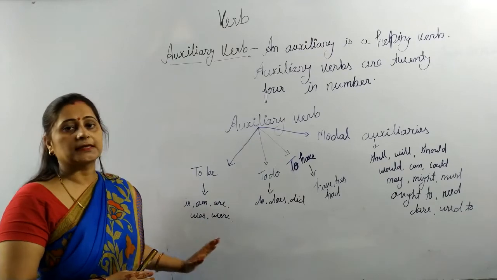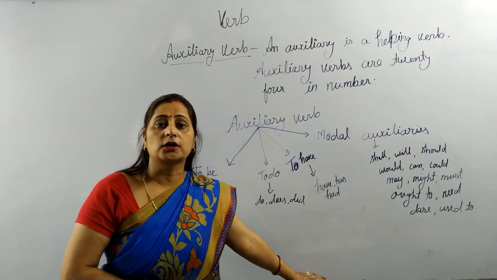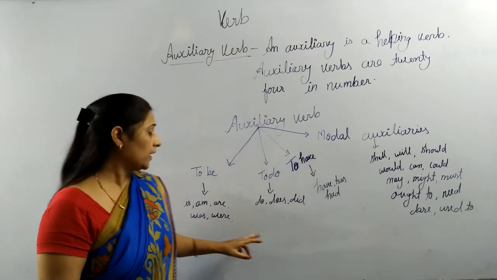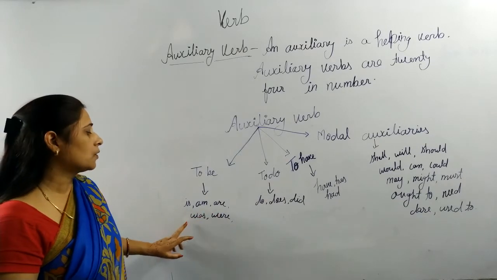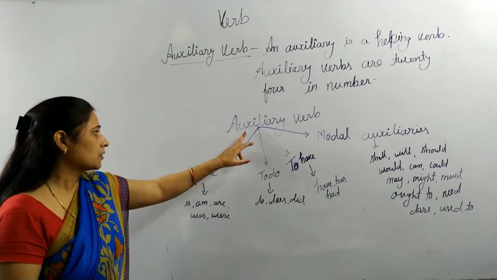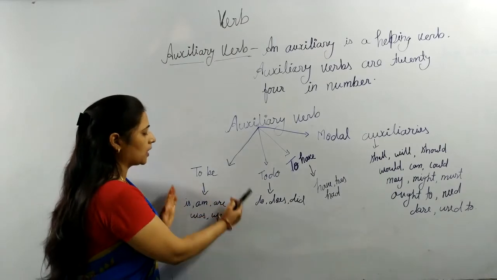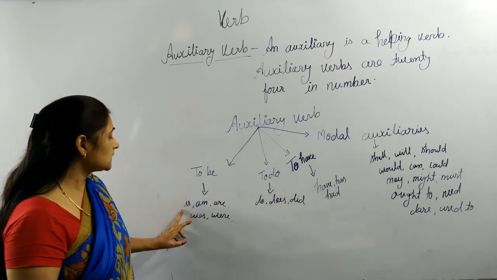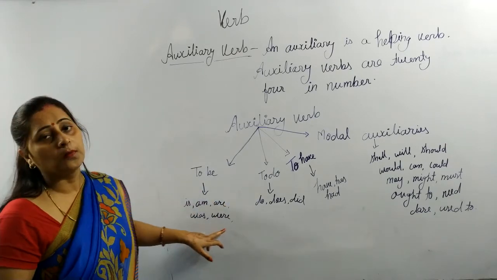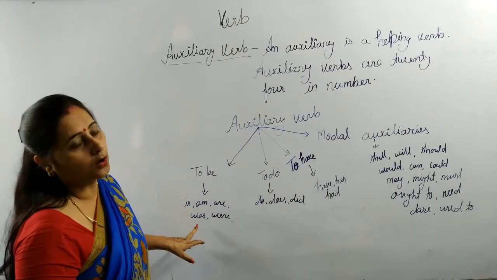Sometimes you will get exercises: fill in the blanks by using to be verbs. So to be verbs means you will use is, am, are, was. These are the to be auxiliary verbs, and as you have already studied in the tense video, we can use these to be verbs as helping verbs.